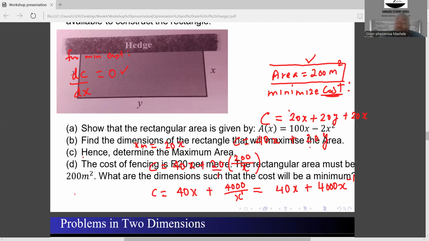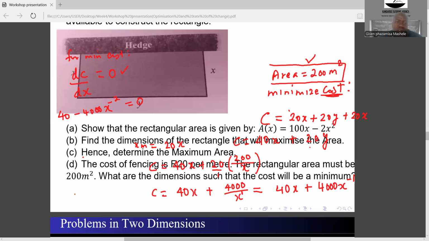I believe you know how to differentiate. This becomes 40. Then this one we bring it down and reduce the power by 1. This will become minus 4,000 x to the power minus 2, equals 0. We want to solve for x.